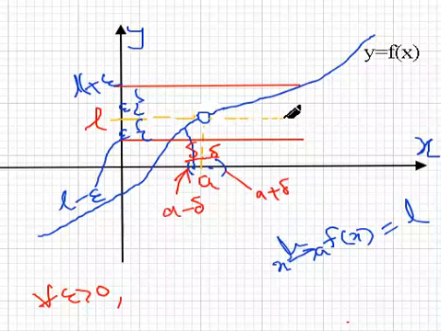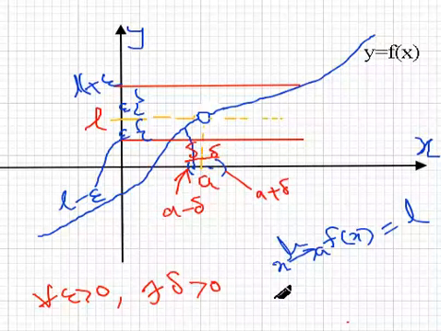If you are given a ribbon around this L, that means any epsilon greater than zero, if you make this ribbon small enough, I guarantee you that you are able to find an interval around a, that is, a delta, and the size of this interval is 2 delta, right?